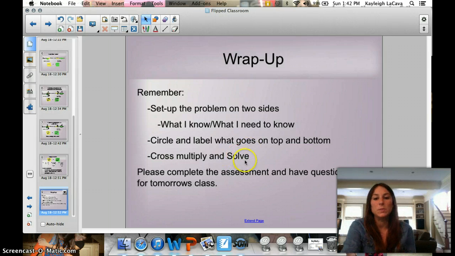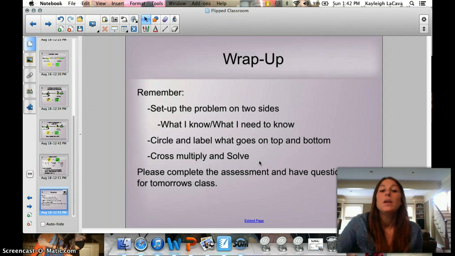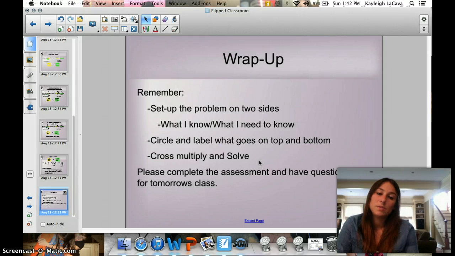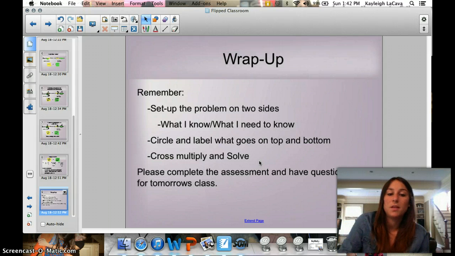Then we cross multiply and solve for x. Once that's done, we need to take the information we had and solve it and put it into a complete sentence using the word problem that we had. In this case, pineapples, cans of pineapple, and dollars.